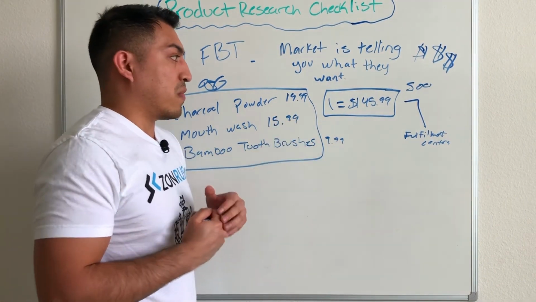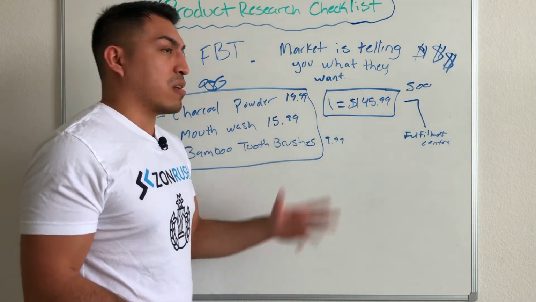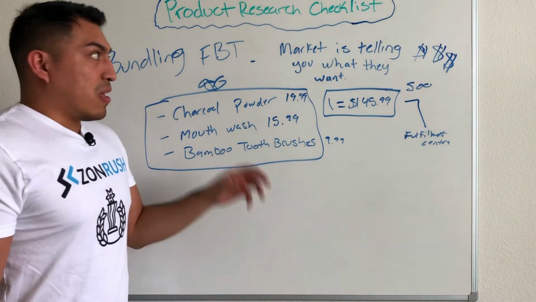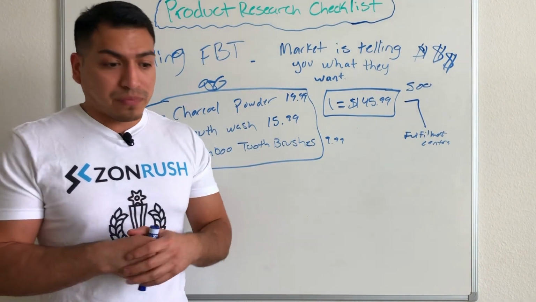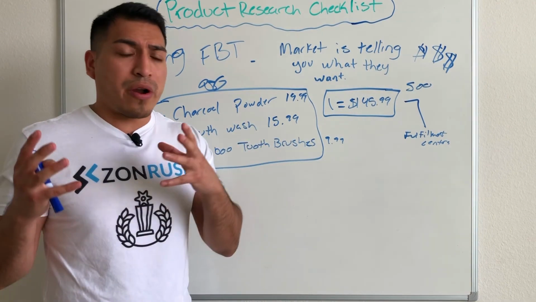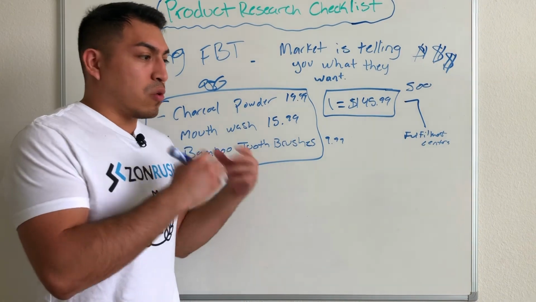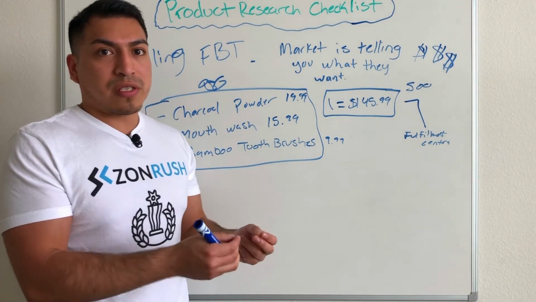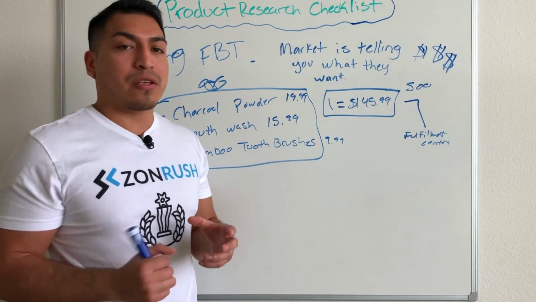If it makes more fiscal sense to outsource it after your first batch, then do it that way as well. But this is just a super easy strategy for you to follow that doesn't require any software. It just requires a little bit of elbow grease on your part to look at the products you're interested in and begin to reverse engineer what the market is telling you they want.